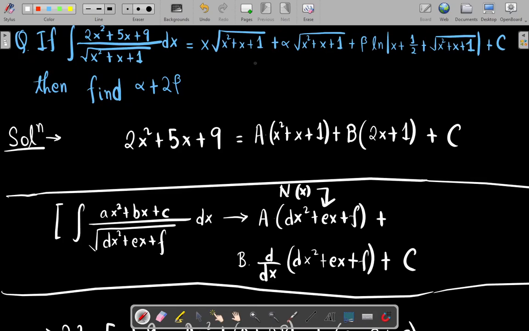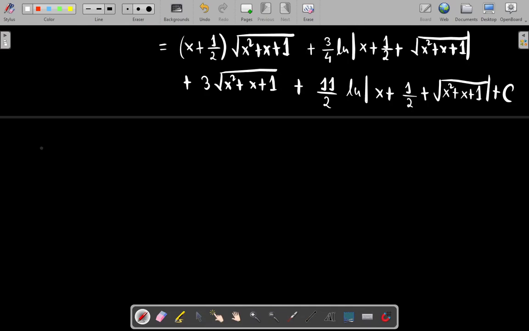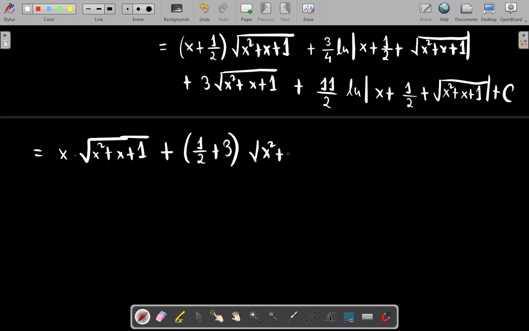So we have this x times square root of x square plus x plus 1, and then we have this half, and then we have this 3 times. If I write it like this, half plus 3 times square root of x square plus x plus 1, right?